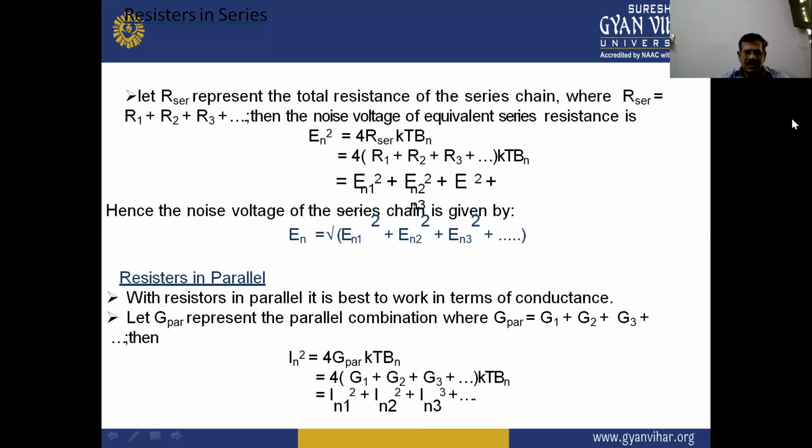So In square, or noise current, equals 4GKTBN, and putting in the value of G, this will be equal to 4 times (G1 plus G2 plus G3) KTBN, and also In square will be equal to In1 square plus In2 square and so on.